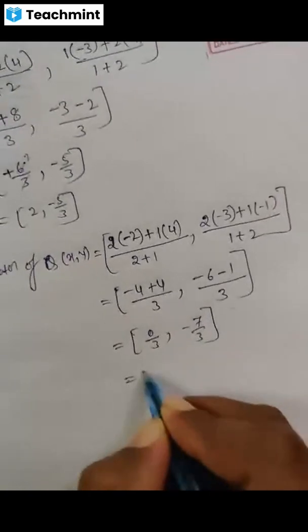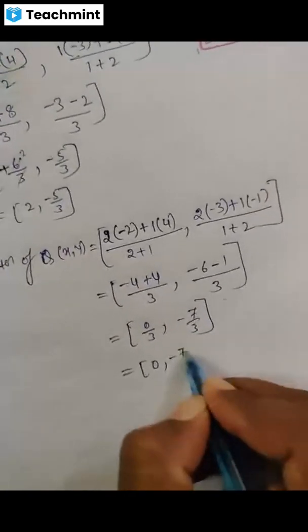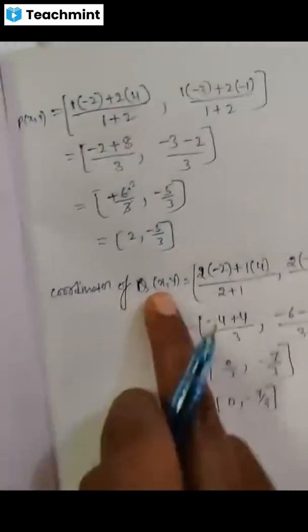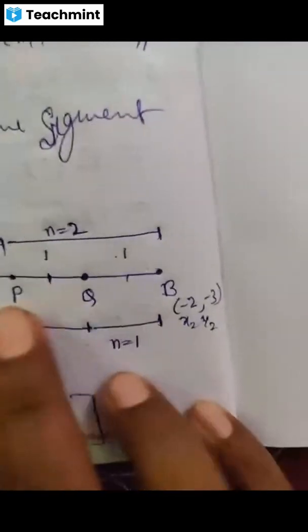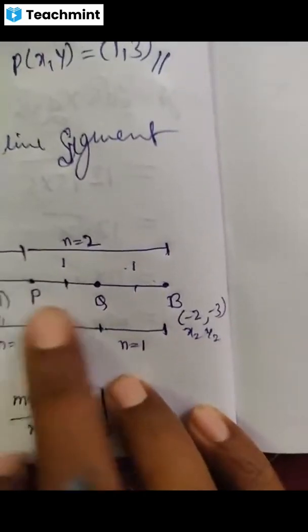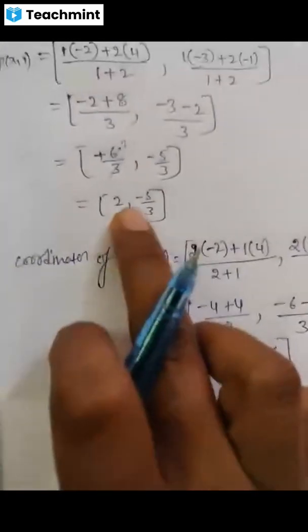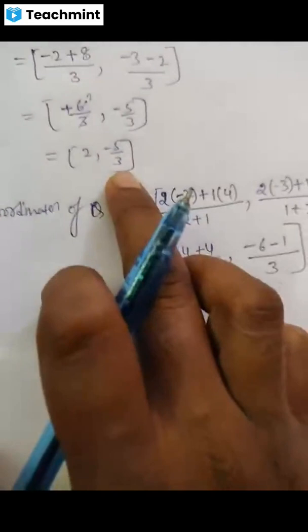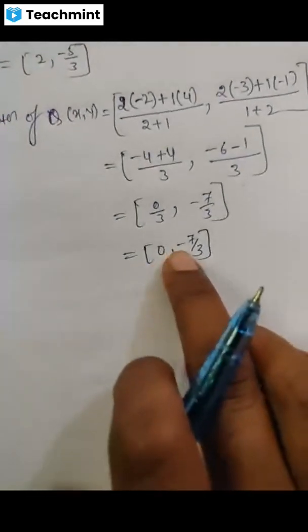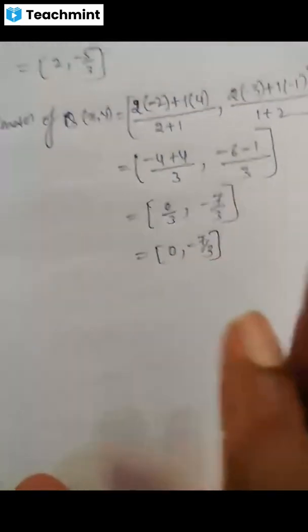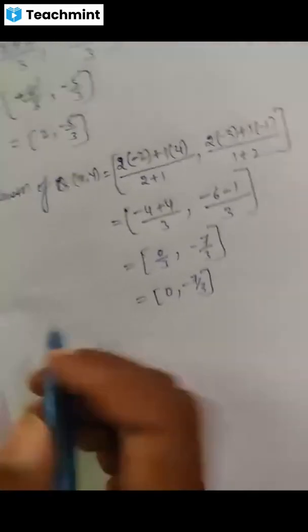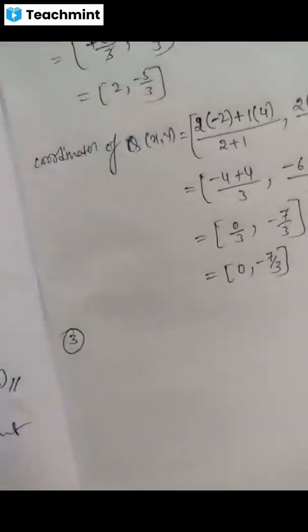That is 0 comma minus 7 by 3, the coordinates of Q. Therefore, the points of division P and Q are 2 comma minus 5 by 3 and 0 comma minus 7 by 3. Like that we have to solve.